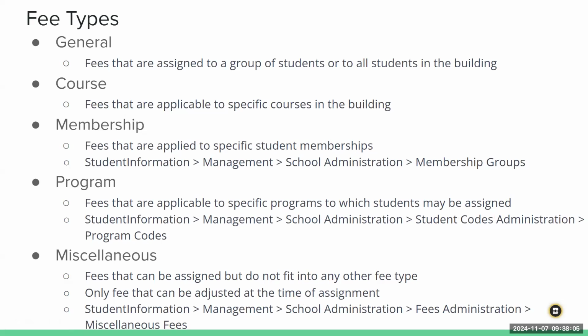The miscellaneous fee is the only fee that can be adjusted when you are assigning it, whether you're bulk assigning the fee or individually assigning a miscellaneous fee to a student. When we get into that, I'll show you how you can set that up and then adjust the fee on the fly as you're assigning it to a student or a group of students.